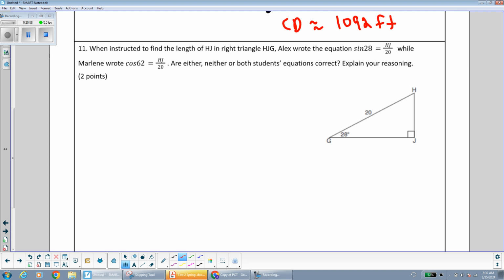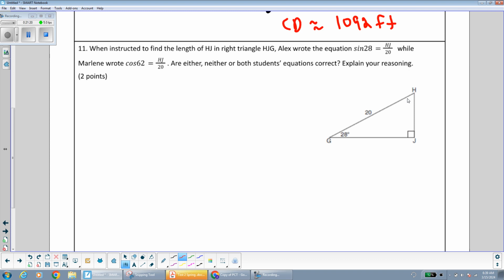So there's two possibilities. You can find the last angle here, which would be 90 plus 28, which is 118 subtracted from 180. So this angle would be 62 degrees.